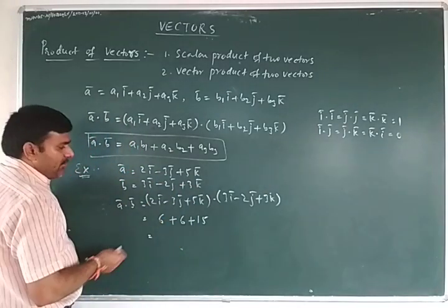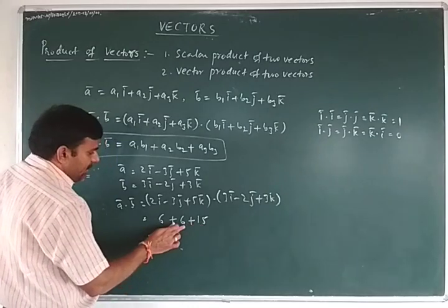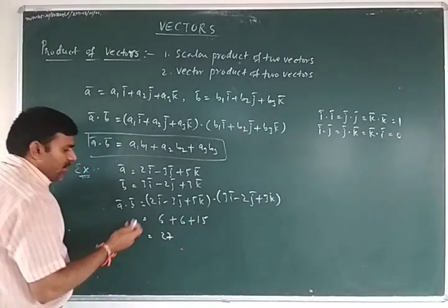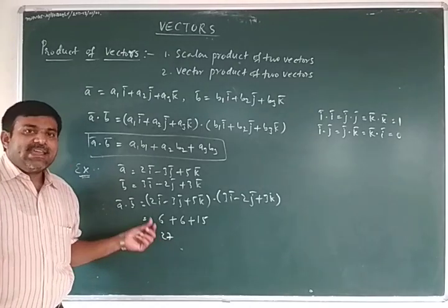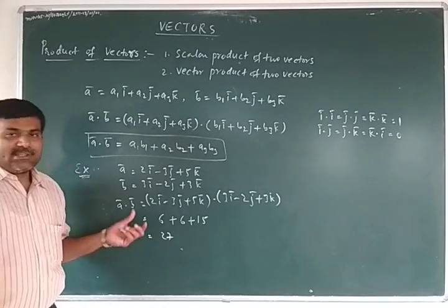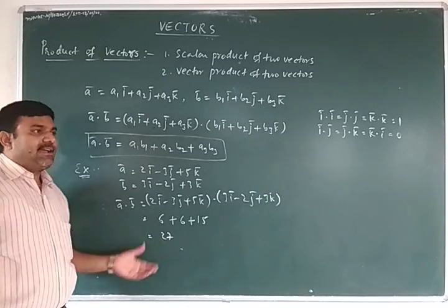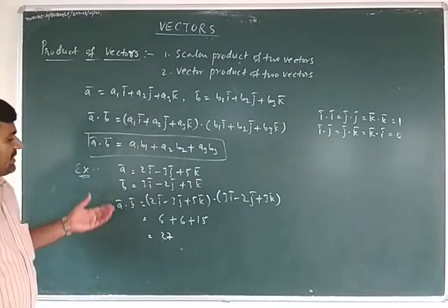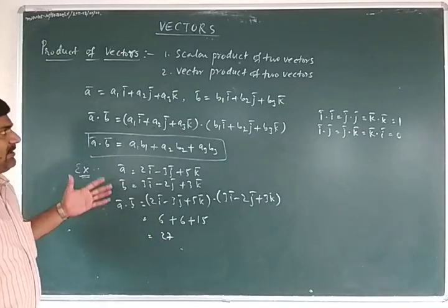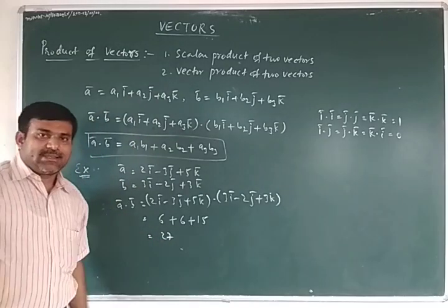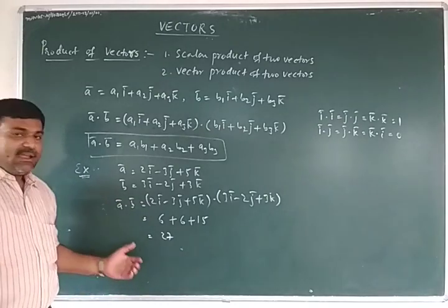So adding these, we get the value 27. Now observe clearly, A bar dot B bar value is 27. It is a scalar quantity. That's why it is called the scalar product of two vectors. The other one, the vector product of two vectors, we will discuss in the next class.